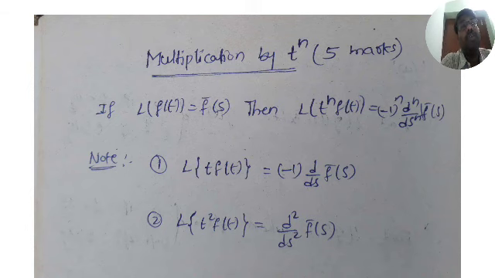If n equal to 2, then multiplication by t square. If it is multiplied by t, L of t into f of t is minus the first derivative of f bar of s, and L of t square into f of t is the second derivative of f bar of s. Just doing derivatives. If it is multiplied by t, you do a derivative; multiplied by t square, you do a double derivative.